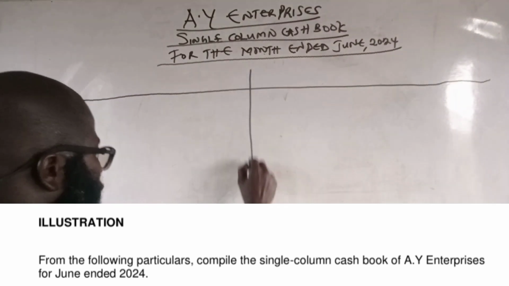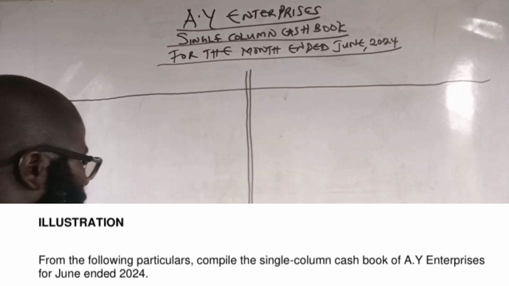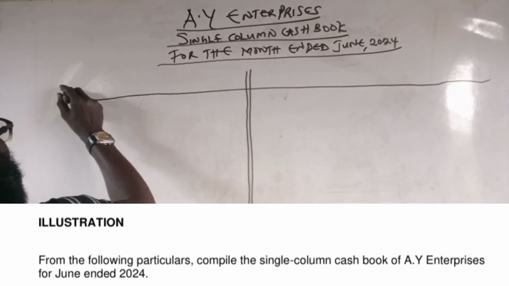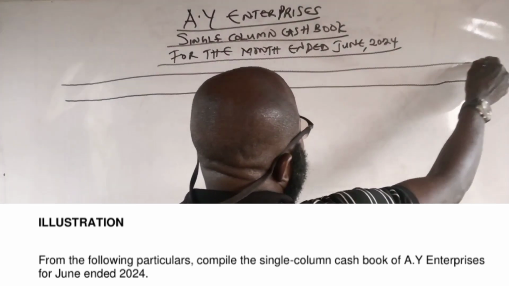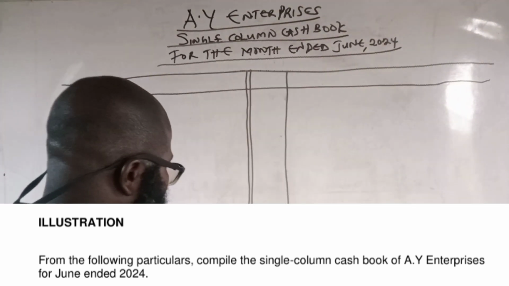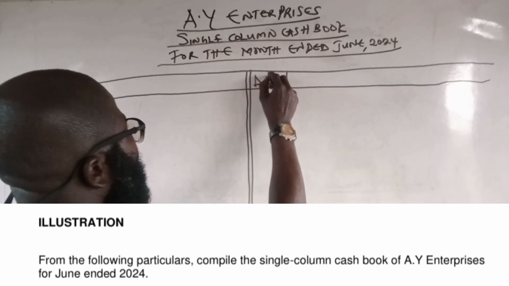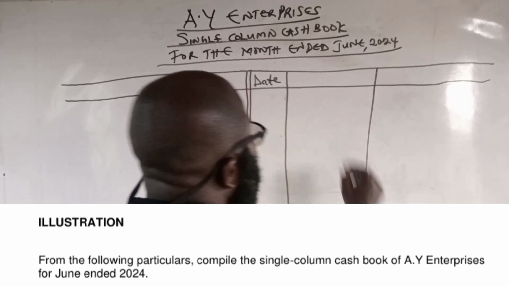Then this is the middle. Then I do it this way. Then I will also do this way. Okay. Then this place will stand for the date. Then this will be particulars.